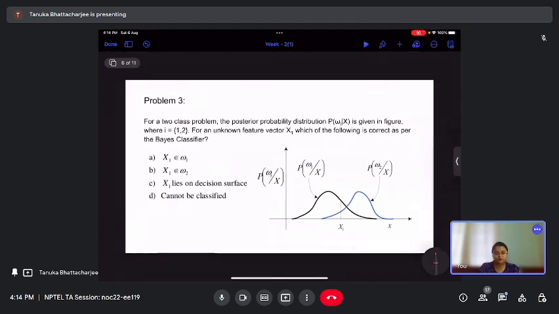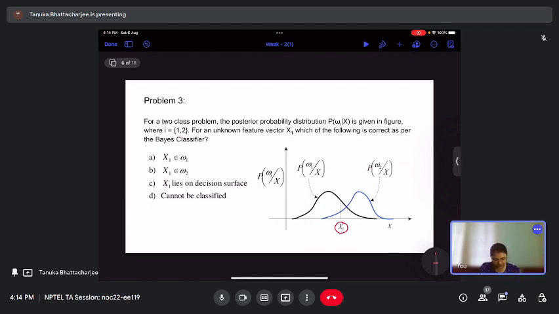So this is the posterior distribution for the 2 classes given the feature vector x. Now we are given an unknown feature vector x1. If we plot x1 on the feature axis, we see that x1 belongs here.